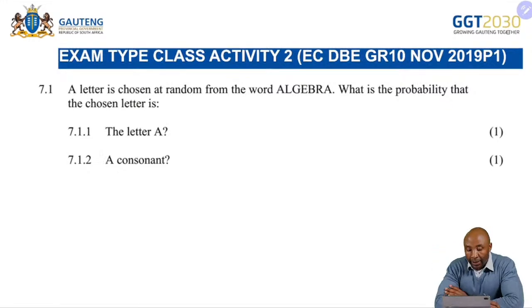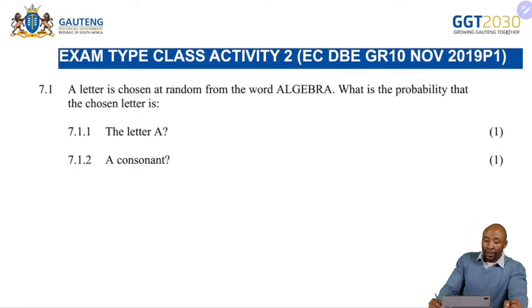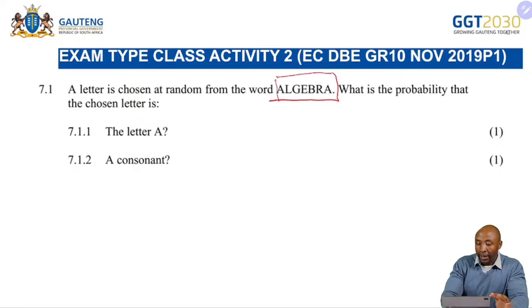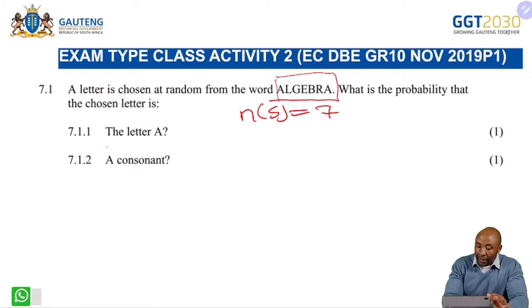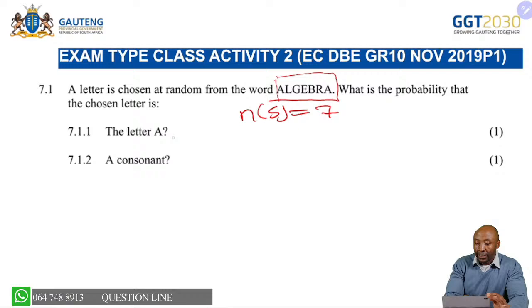Welcome back. This was an easy one. Now you are looking at the word algebra. So our sample space, in this case, you count the number of letters. It's 1, 2, 3, 4, 5, 6, 7. And then you want to find out what is the probability that a chosen letter is.